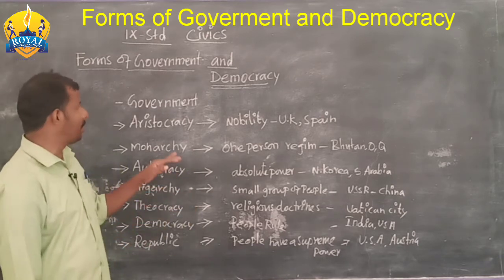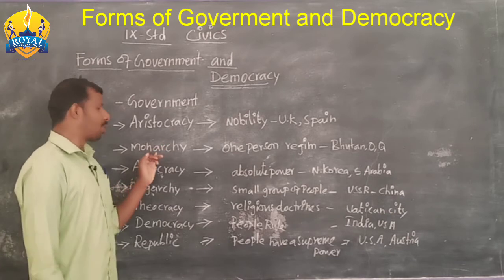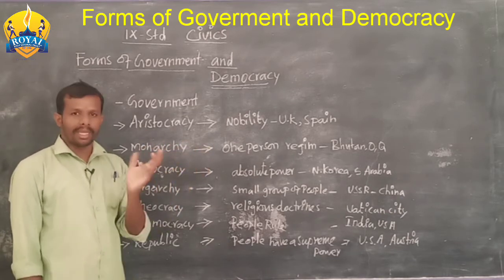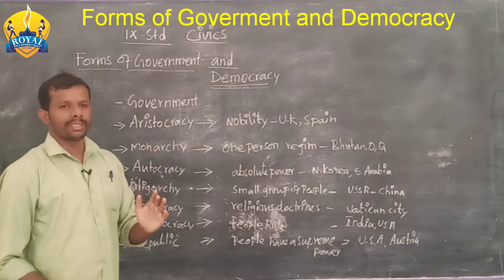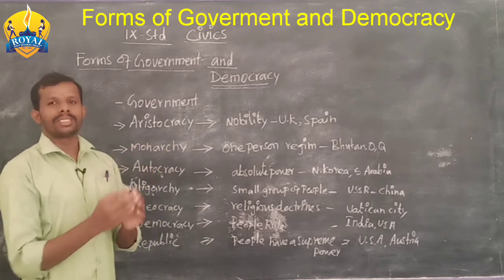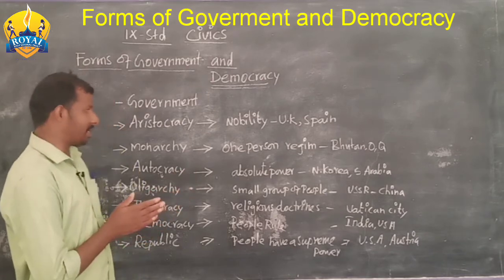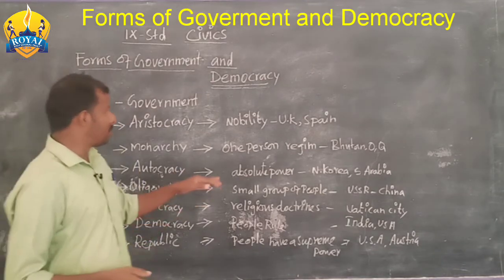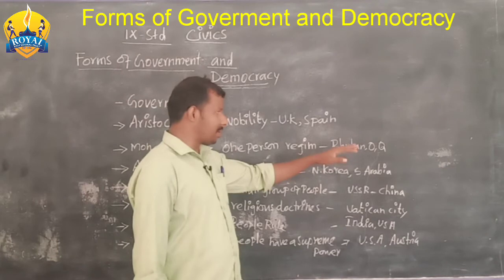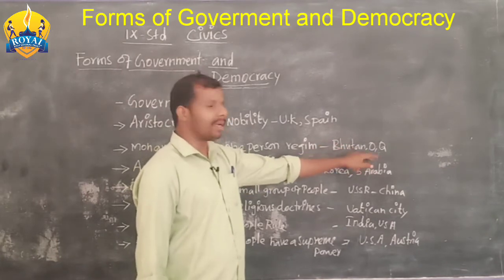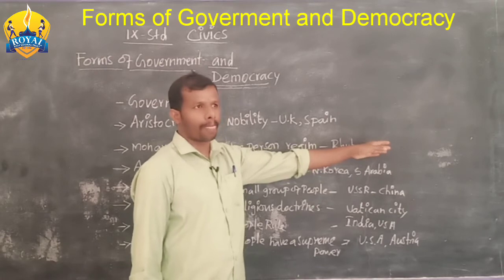That is called monarchy. Mono means single, archy means rule, a single rule. But here, what is the importance? He is supported by several ministers, who are called courtiers. This kind of government also exists in modern days in Bhutan, Oman as well as Qatar.